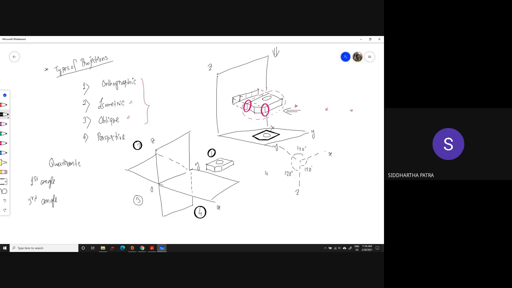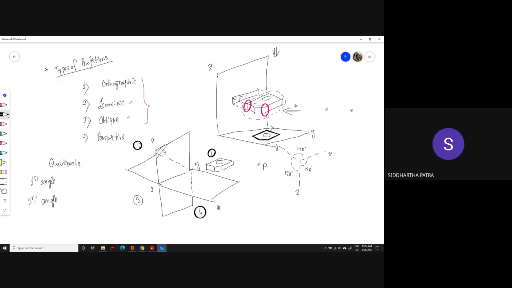The object is placed between the screen and the eye, the observer. If, let's say, this point P is the observer, then we see the front view. On the vertical plane we'll find the front view.